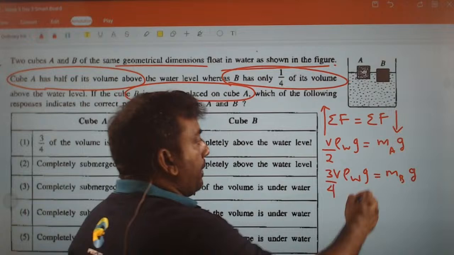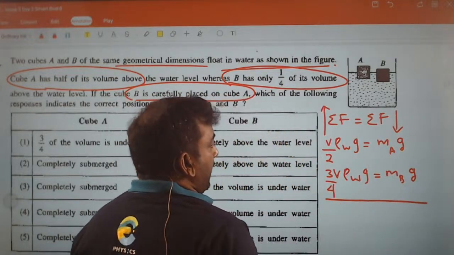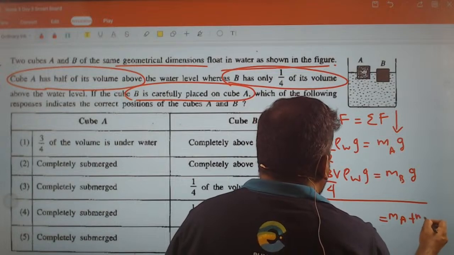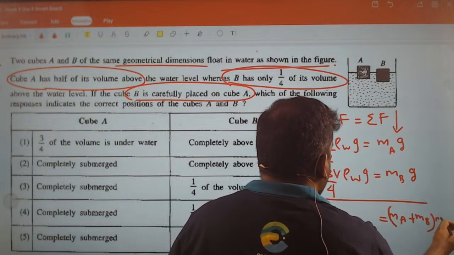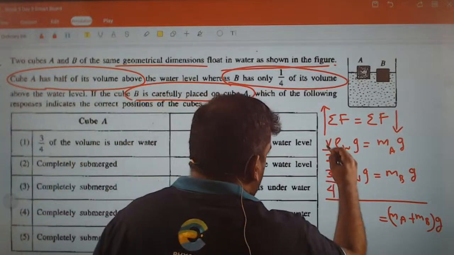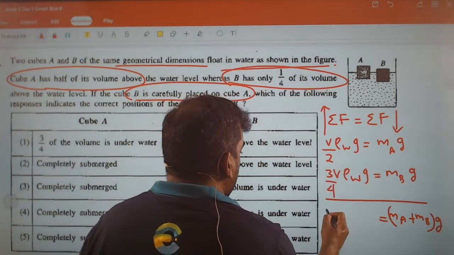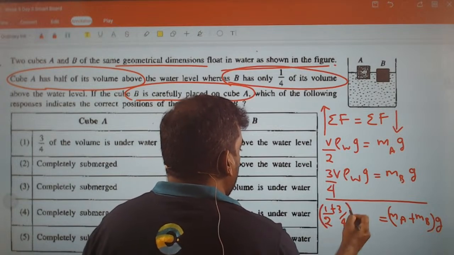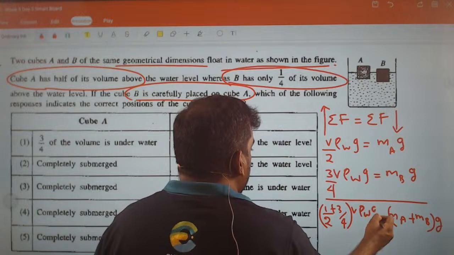Now if you keep B on top of A, let's mathematically add these. Ma plus Mb times g equals half plus 3/4, times V rho W g.